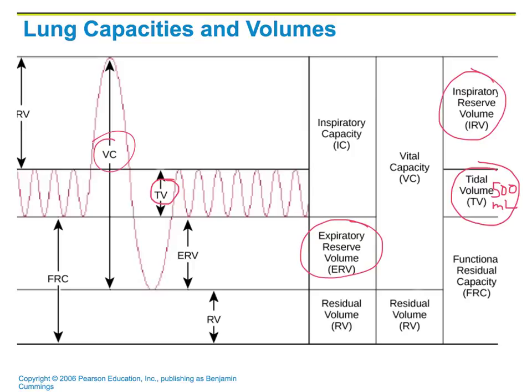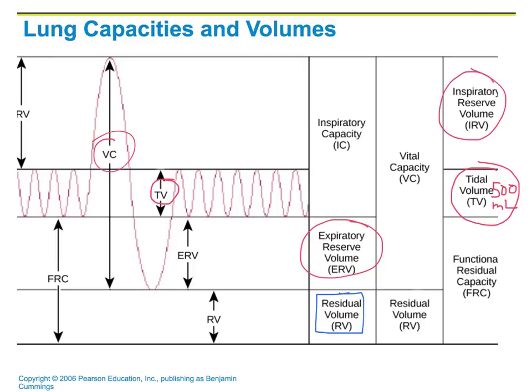There is a little more air left in the lungs which is not exchangeable. This is called a residual volume. And again, this is something that is going to allow your lungs to maintain some partial inflation even when you breathe out, because you don't want your lungs completely deflated or collapsed, if you will.